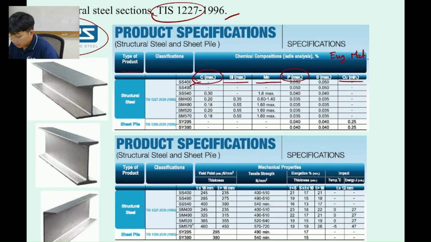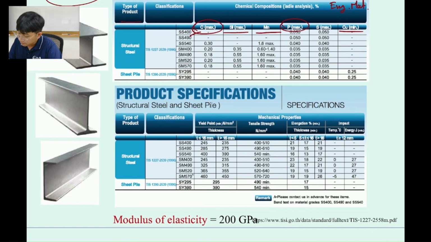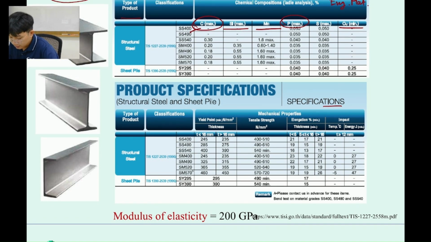Okay, and then if you look at the specification or mechanical properties of the steel, for example, if I pick SS 490 for a thickness less than 16 millimeters, I'm going to have the yielding stress equal to 285, and then the ultimate stress minimum at 490 over here, sigma ultimate, and this one is percentage elongation, and then the energy capacity.